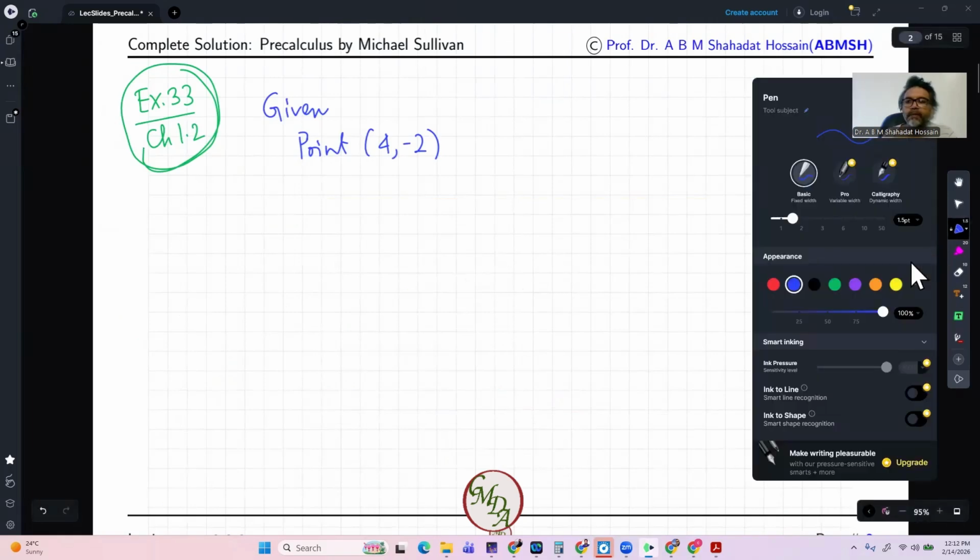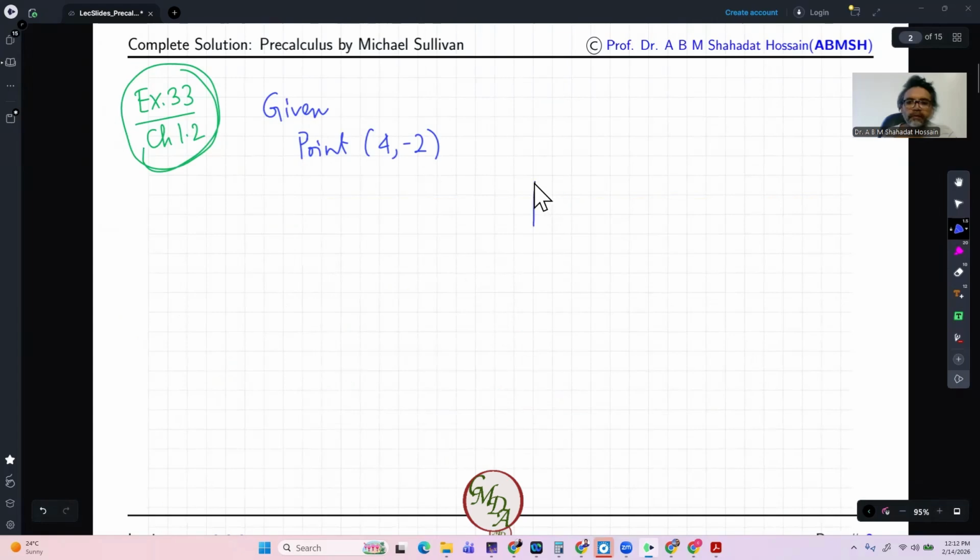So we're drawing the xy plane. Let's start with part A, symmetry with respect to the x-axis.